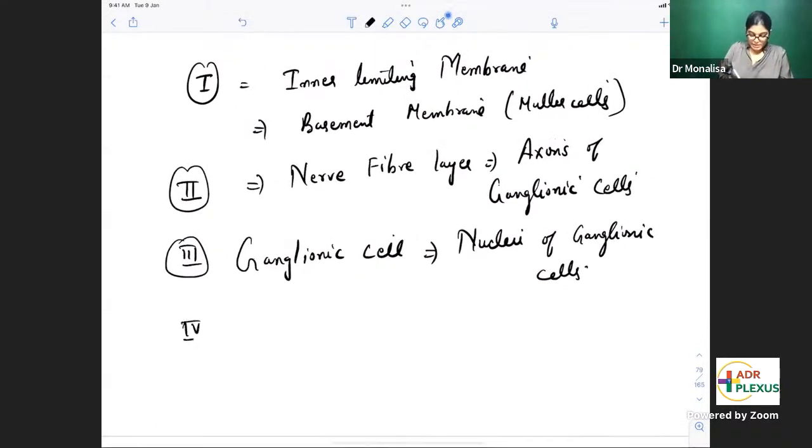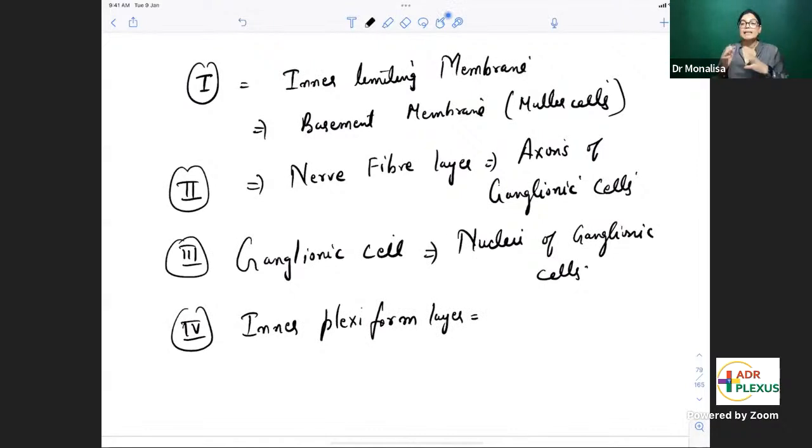The fourth layer is the inner plexiform layer. Whenever the word plexiform layer is used, what do you mean by this? It is a synapse. It is the synapse which is taking place. So this is the synaptic layer.